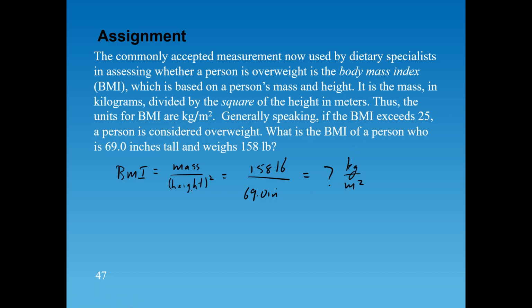All right? So how do we do that? Okay, so let me show you down here. I'm going to start off with the 158 pounds down here, divided by, oh, by the way, this should be squared. Very important. That should be squared. So this would be 158 divided by 69.0 inches, all squared. All right. So what you can focus on is convert first from pounds to kilograms, right?